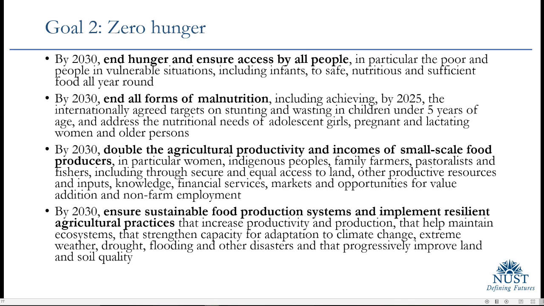And the idea is to double agricultural productivity, and small scale food producers should be prioritized. When you double agricultural productivity, it not only gives more jobs, it also solves the problem of hunger, because food gets cheaper and more people can afford it.